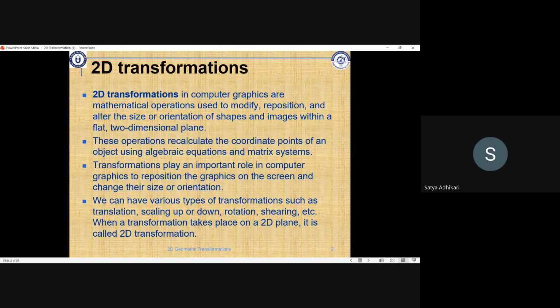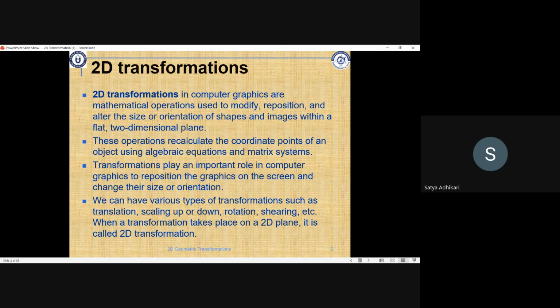Transformations play an important role in computer graphics to reposition graphics on the screen and change their size and orientation. Please recall these important transformations: translation, scaling, rotation, reflection, and shearing.